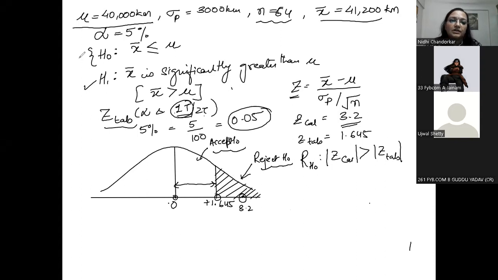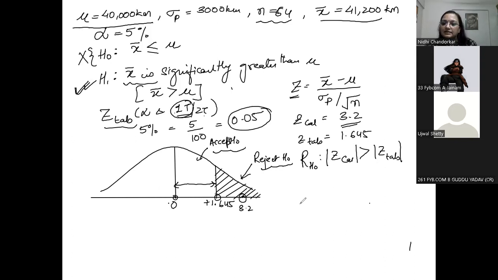So if we are rejecting the null hypothesis, what are we accepting? The alternate hypothesis. The alternative hypothesis says that X bar is significantly greater than mu. That means the life of new tires is significantly higher than 40,000 kilometers. Am I right? So how do we end this?